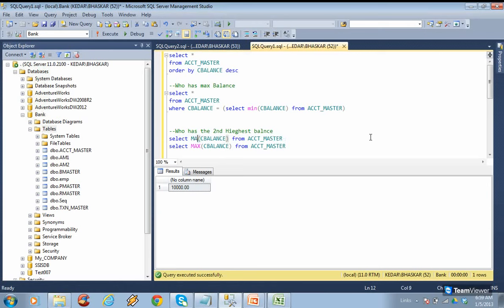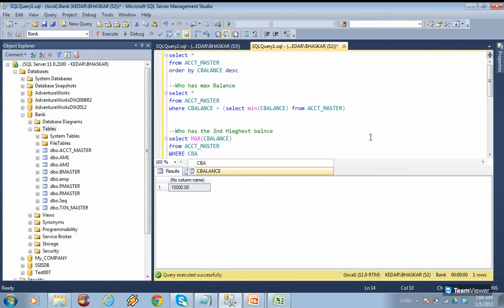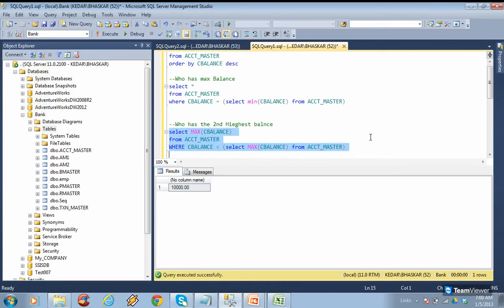From the account master table, now there is a small thing you have to use, where balance is less than whatever you have identified now. This will give you 10,000 rupees. So less than 10,000 rupees, and you need to again find out the maximum balance. That would be the second highest balance you should be able to get.